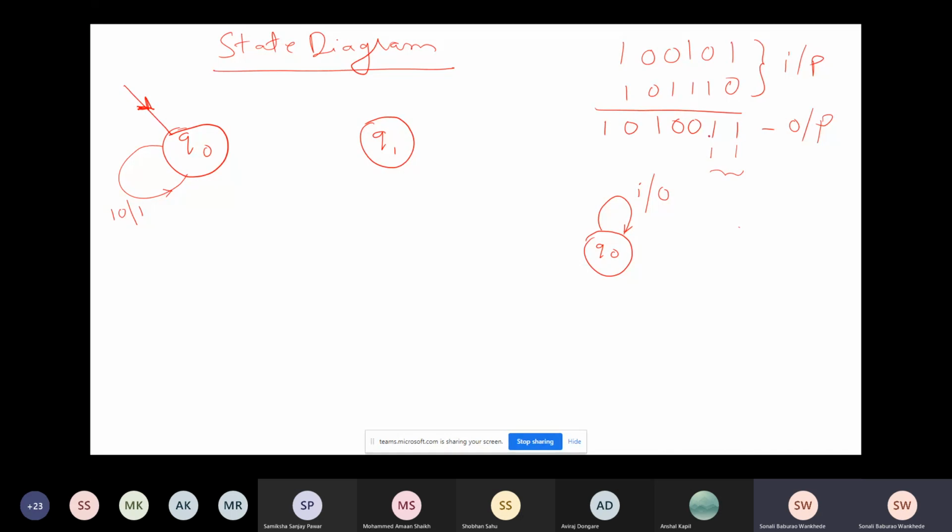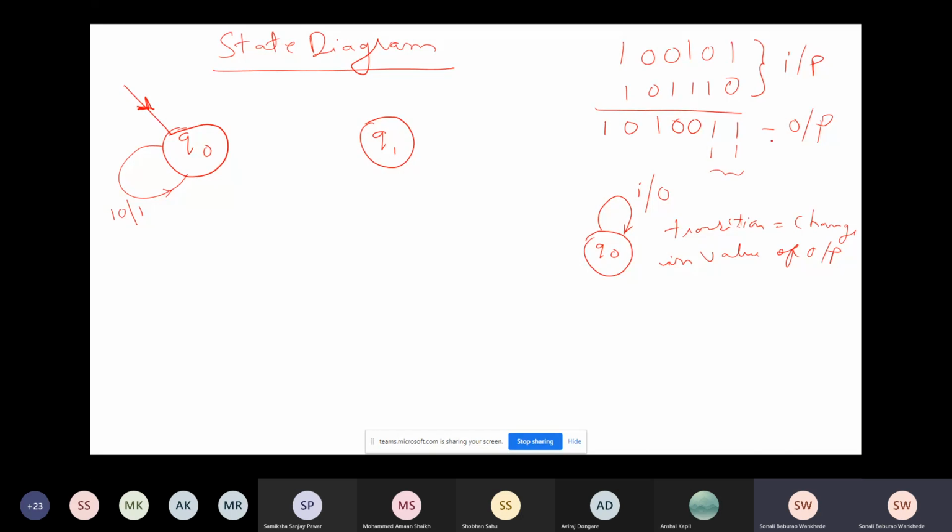Now check another value. Here also you're getting 1, so it will be in the same state. Now what is transition? The moment it performs a transition means a change in the value of output, and the moment it performs a transition, it changes its state.